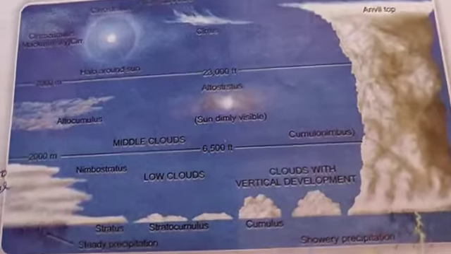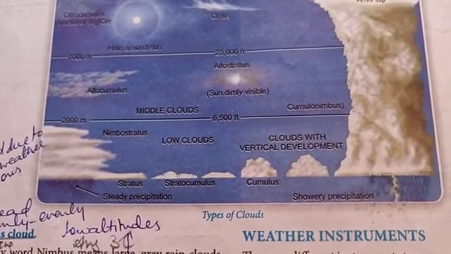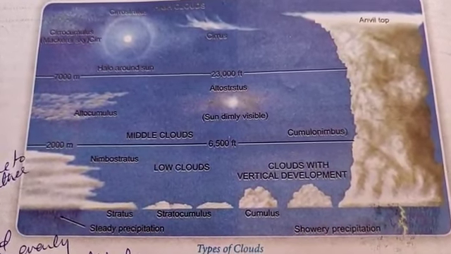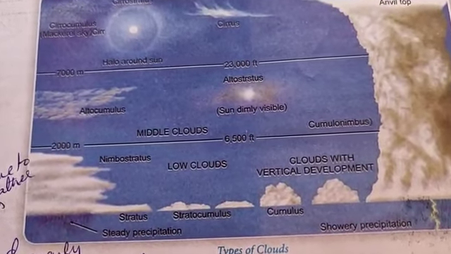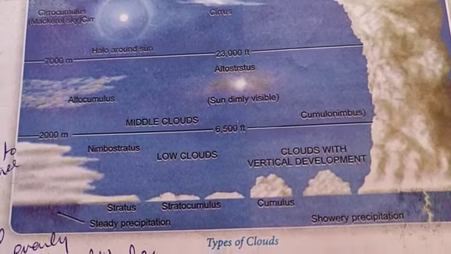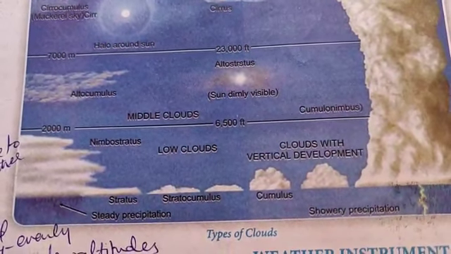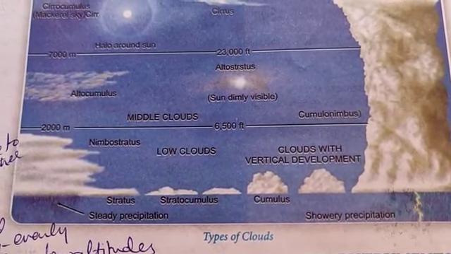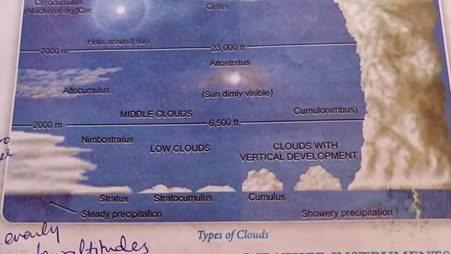I want you to very carefully look at the diagram given on page number 20 also, where it is explained in a very comprehensive manner. You just need to look at it. You will find that the height at which the clouds are found is also mentioned, and what kind they are.